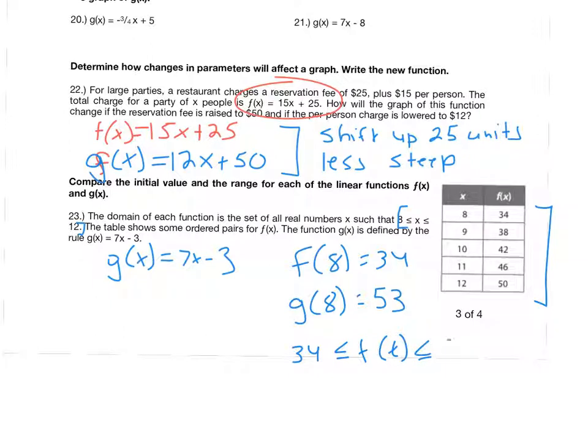And I know you already know how to figure out the range of g of x. So go ahead and do that. And if you do that, you'll see that the range of g of x is going to be between 53 and 81. So that would be how we would compare these two functions if we wanted to compare them. Those would be your different comparisons.